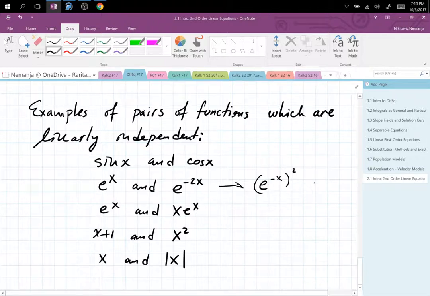And if you look at that, it's e to the negative x times e to the negative x. This is not a constant. So it's very simple to prove these kinds of things. If you run into two functions and you're wondering if they are linearly independent or not, just try to make one the constant multiple of the other. If you're not able to do it, they're linearly independent.